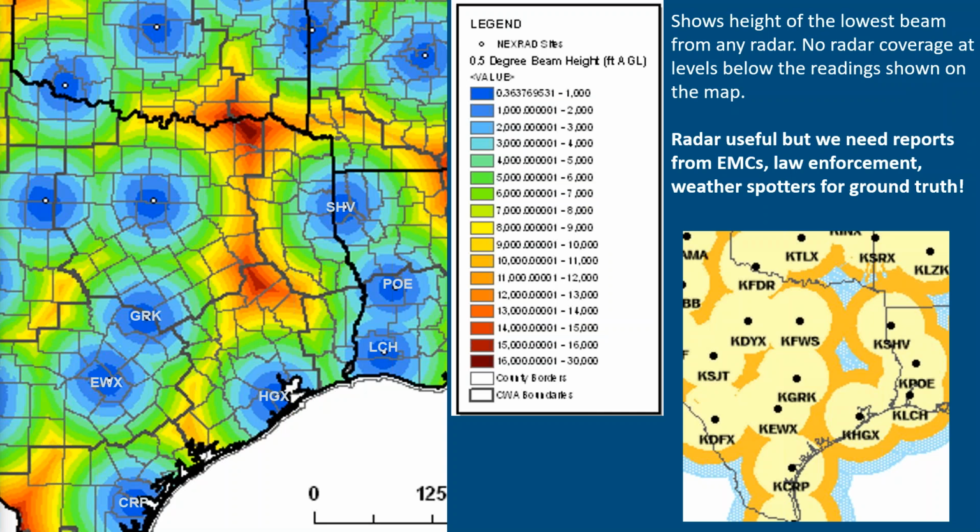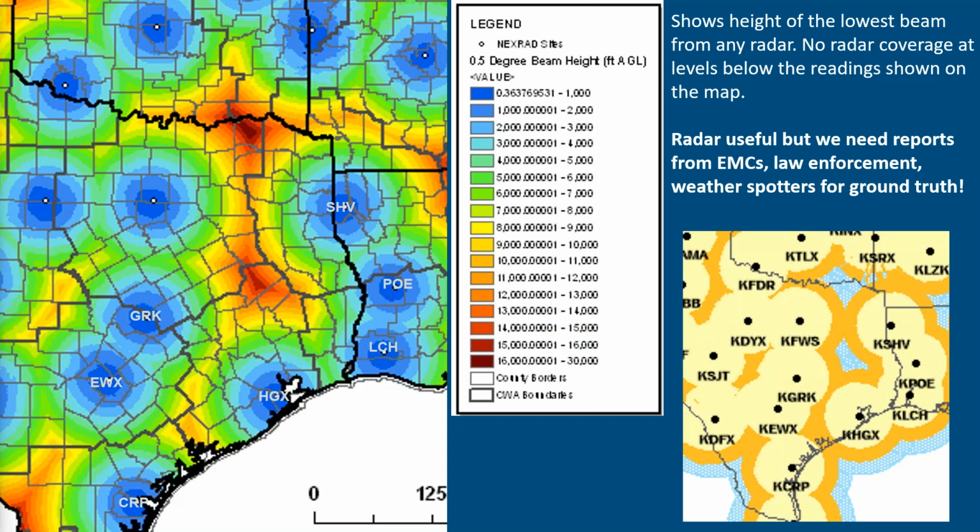And so if you look at Harris County, you've got different shades of blue. What it's telling you is the height of the lowest beam is somewhere between 1 and about 3,000 feet above ground level. But if you go up to, say, Houston County, up near Crockett, where that county is sort of in between all different radars, there the lowest beam height is more like 14,000 feet above ground.